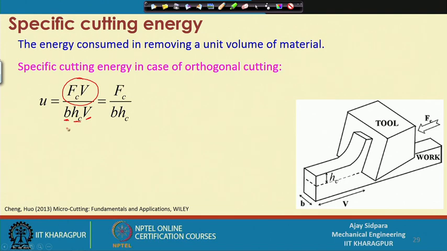So, here you will get millimeter cube per minute or second, whatever you are getting. Then this V will go away, and your equation is shortened to Fc divided by B into Hc. So, this is the shorter version of your equation for specific cutting energy.